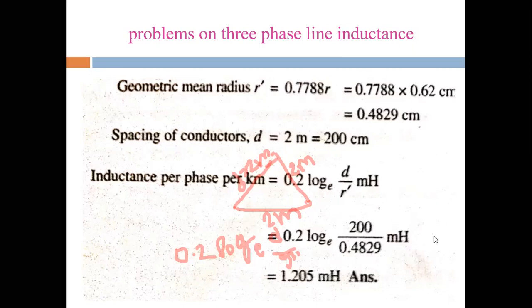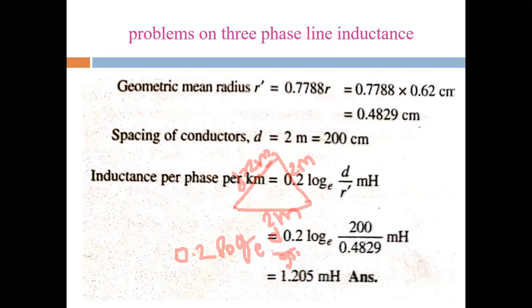The units are millihenries per kilometer. This gives 1.205 millihenries. This is the inductance per phase per kilometer of the three-phase overhead transmission line.